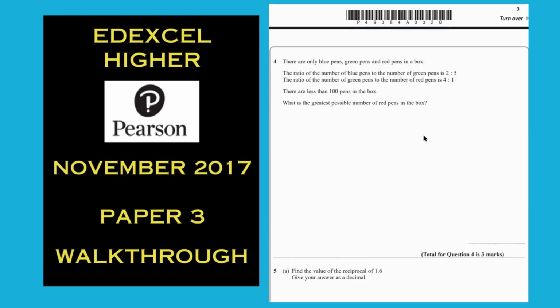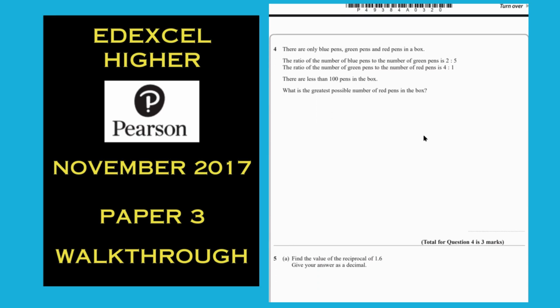Number 4, good old linked ratios, nice and straightforward in my opinion. But as always with these, it could be a lot worse. Get your answer organised. There are only B, G and R pens. B to G is 2 to 5. G to R is 4 to 1.